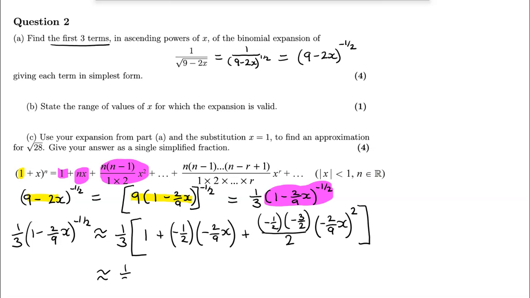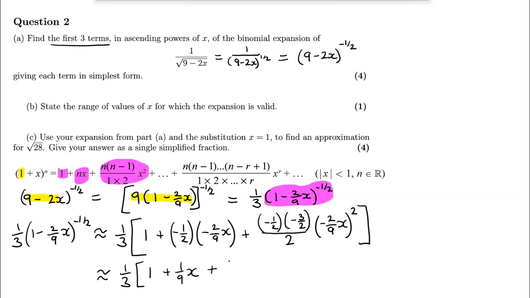So simplifying this in the bracket here, just timesing these out, if I do minus a half times minus 2 over 9, I get plus 1 over 9x, and then just simplifying all of this. Just be really careful when you're working this out. Even if you're using your calculator, just be really careful with how you input it.